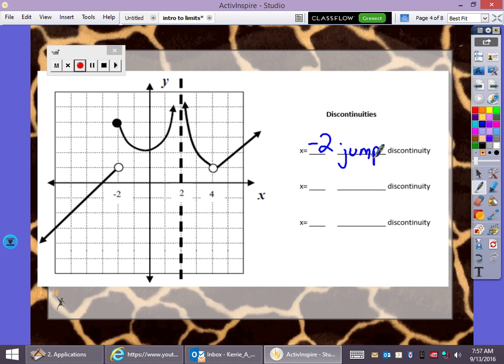And the next type of discontinuity that you see? +2, and that is infinite. Infinite. And the last one, it is a hole, but what is the proper name? Removable.